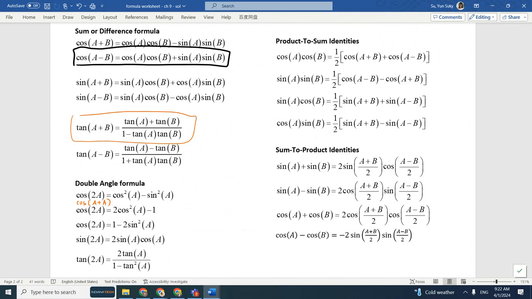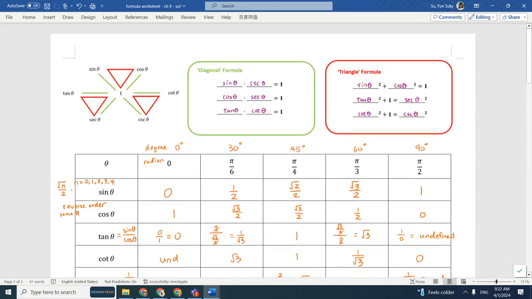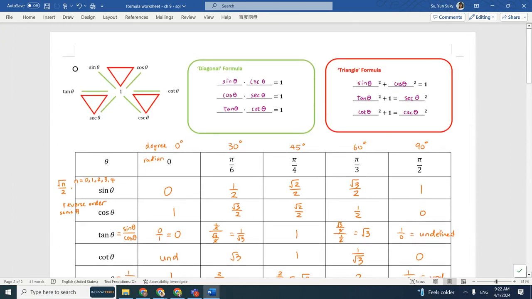And furthermore, we have the trig identity: sine squared A plus cosine squared A equals 1. Do you remember that? The triangle, sine squared plus cosine squared equals 1.